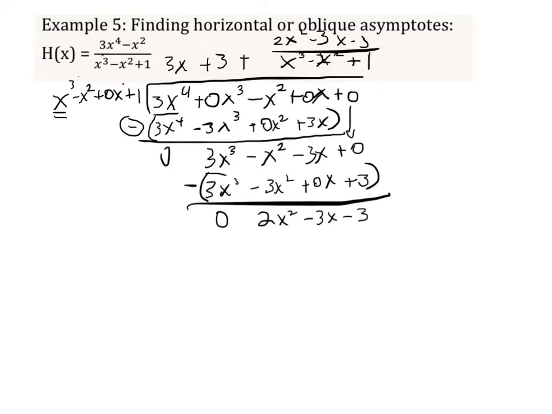The reason I'm done is because 2x squared can't be divided by x cubed evenly. It would just stay the same. And so we know that once that happens, this bit becomes the remainder.